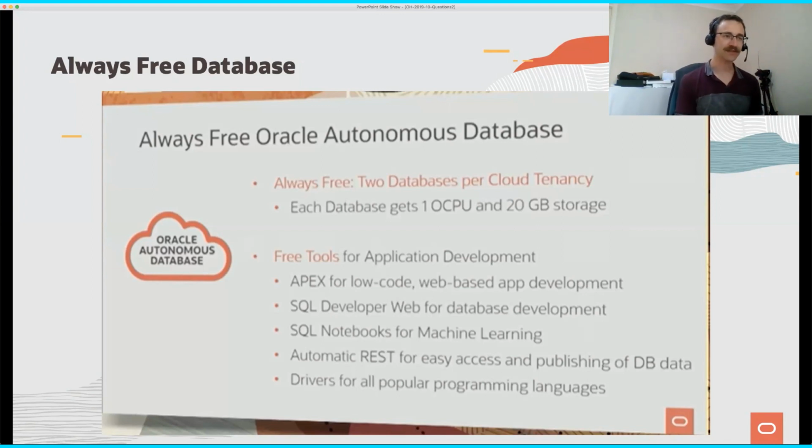I think XE is great if you want to have full control and start playing around. If you want to look at more DBA type functions, then you need to use XE because you can't do that with Autonomous. But for general development, I think Autonomous is just far easier. It's just click, set it up, and you don't really have to worry about it after that. That's my perspective on this.